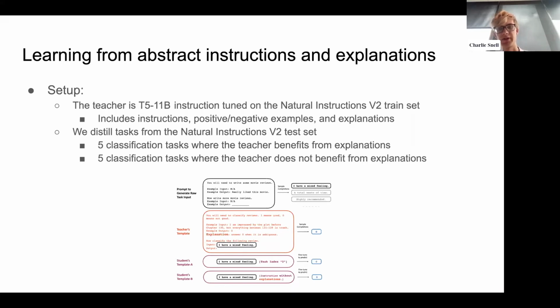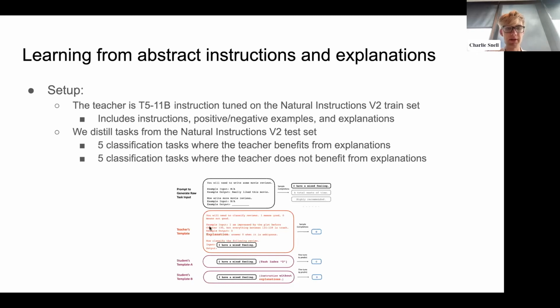Then you can train a model that's responsive to prompts, because the T5 model out of the box is not super good at responding to instructions. So we obtain this model, and then we distill 10 different tasks from the Natural Instructions V2 test set to verify our experiments.